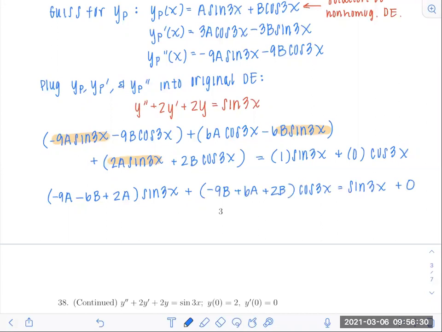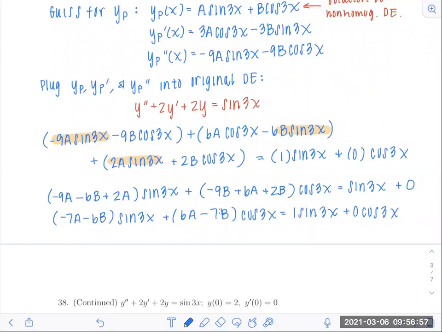And so let me combine once more, and then we'll set up our system of equations. I have negative 7a minus 6b of the sines, and I have 6a minus 7b of the cosines. All right, so let's color code so that we're all on the same page about what is being equated.